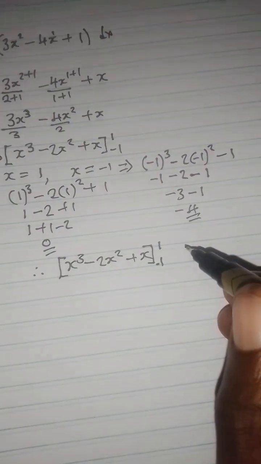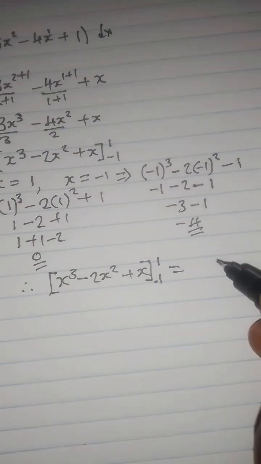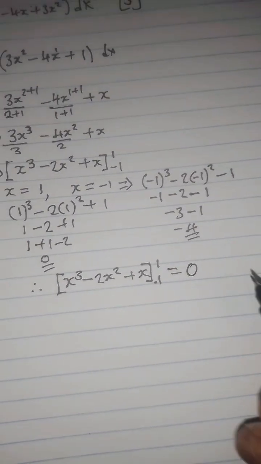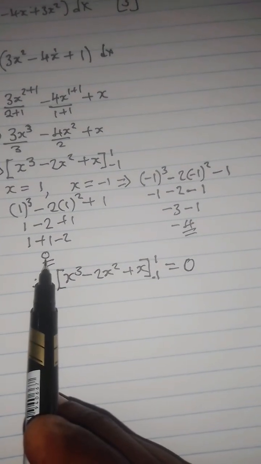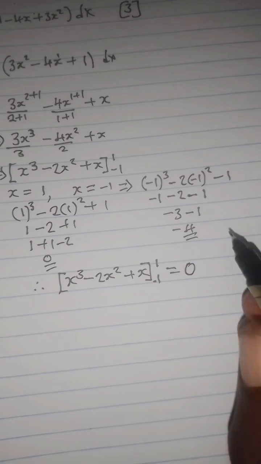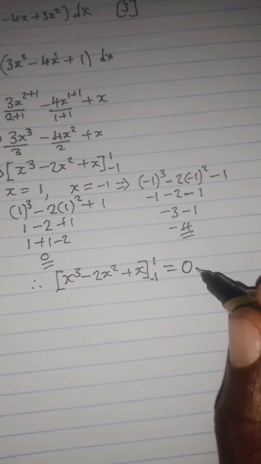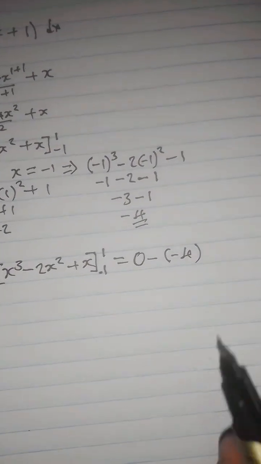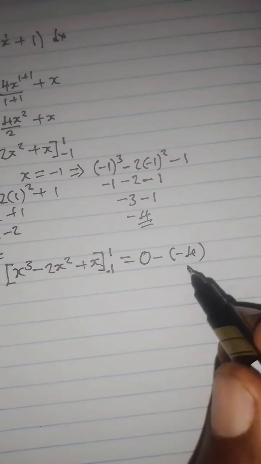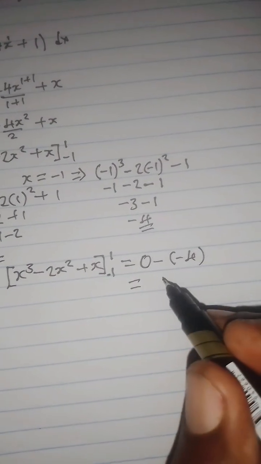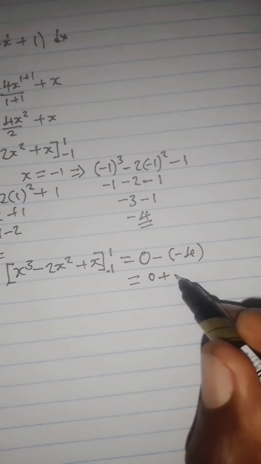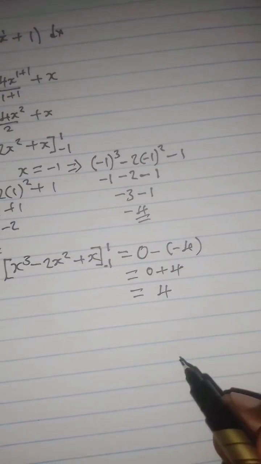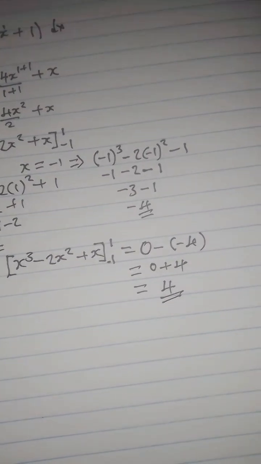At the end of the day, you get the first number, which gave us 0 when x was 1, and then minus the open bracket negative 4. So 0 minus open bracket negative 4 gives us 0 plus 4, and this will give us just 4. So that is the final answer.